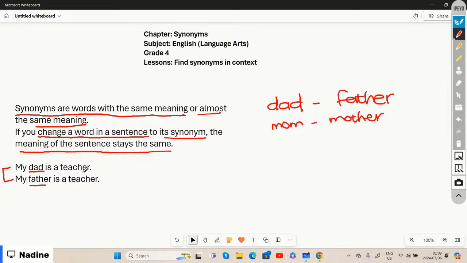All right, so for example, we say, my dad is a teacher.